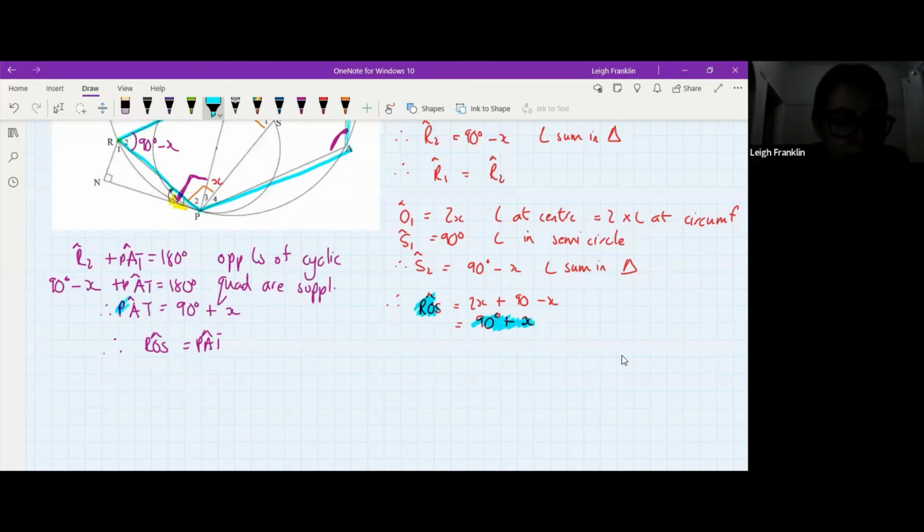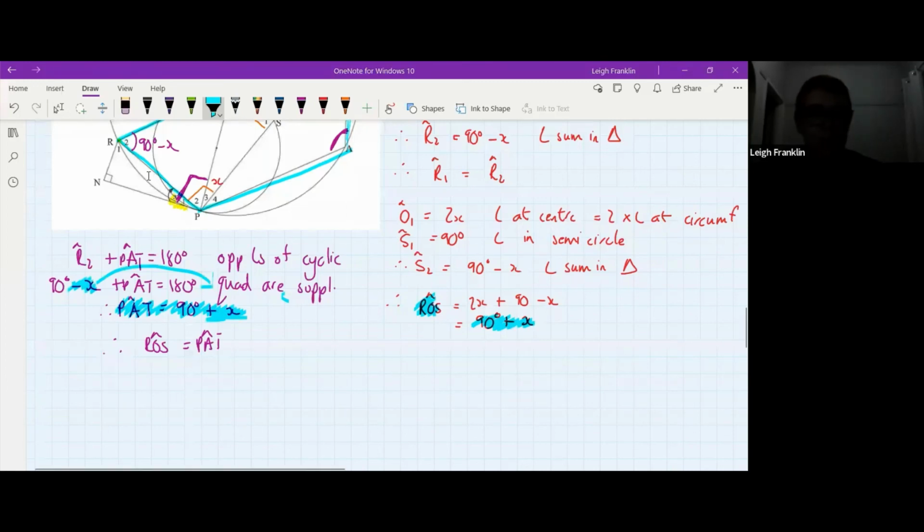I'm also saying that PAT is 90 plus x. I'm not saying that 90 minus x is the same as 90 plus x. That's not what I'm saying. But I have been able to show that ROS is 90 plus x, and that PAT is 90 plus x. Remember, when this goes over to the other side, it's going to change its sign.